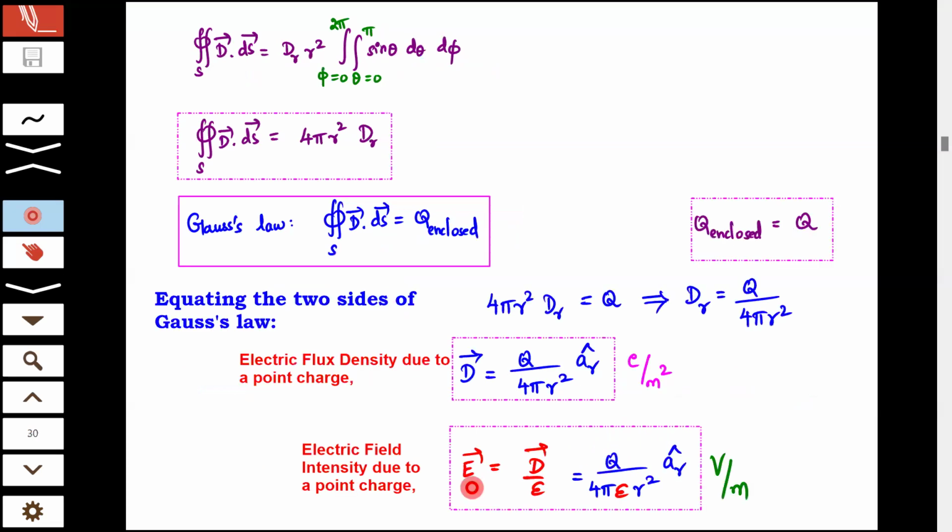We know the relation between electric field intensity and flux density in terms of the permittivity. So electric field intensity can be estimated as d vector over epsilon, that is Q by 4 pi epsilon r square ar cap for point charge.